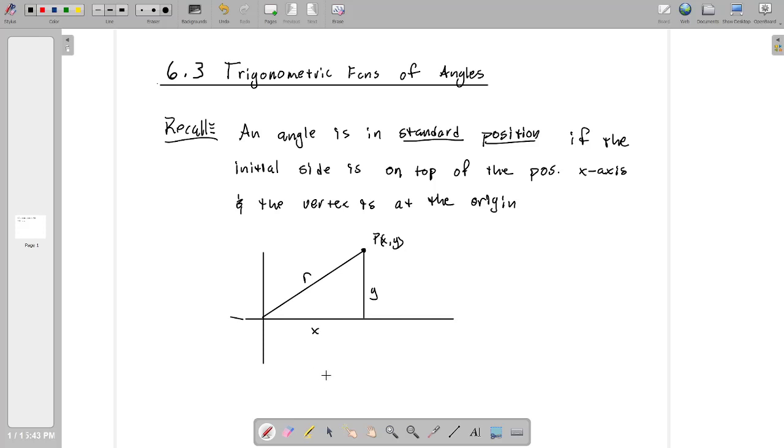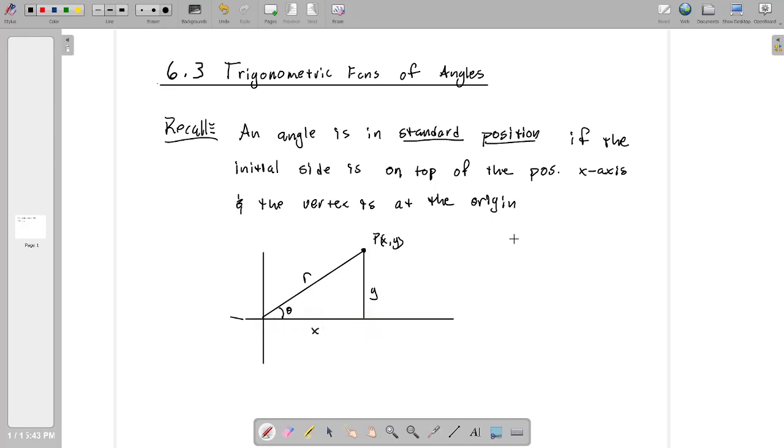And then r here would be the radius of the unit circle if we drew the circle here. Now this angle theta is in standard position because the vertex of the angle is at the origin, and the initial side of this angle right here is on top of the positive x-axis.